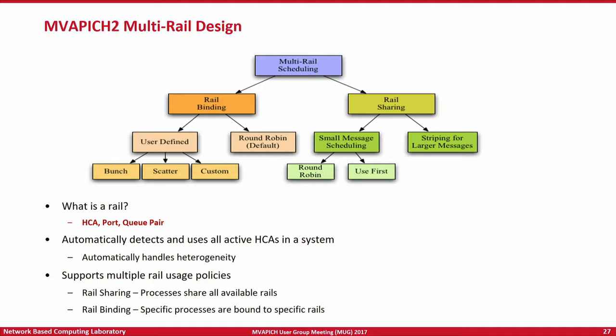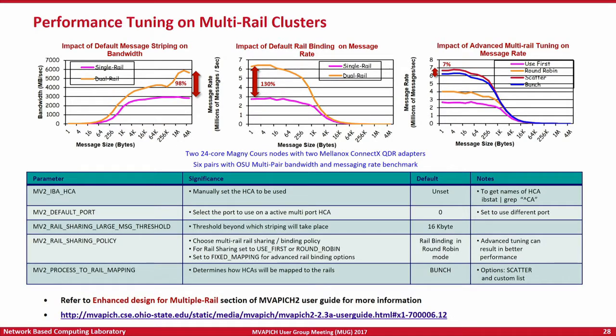But if you choose the scatter option, you can see a small performance jump over the bunch option. And as I mentioned, these are the environment variables that you can use to choose the kind of HCA you have, choose the port in the HCA you use, define the large message striping threshold, the rail sharing policy, and the process to rail mapping.